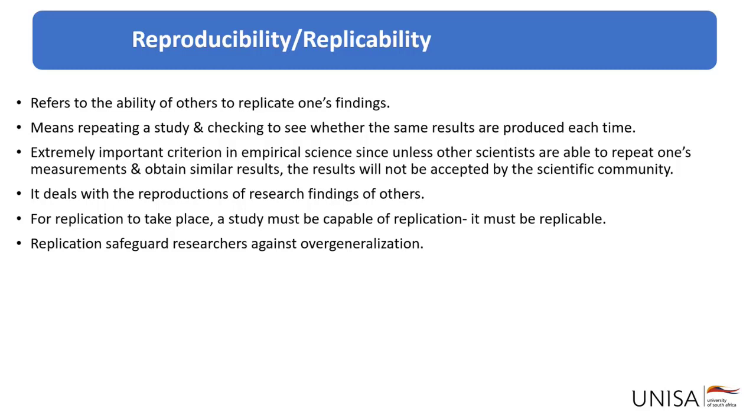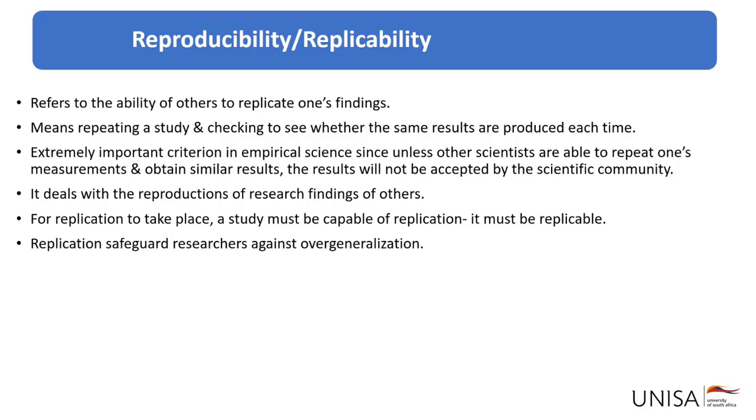In the scientific community, it is not acceptable to produce different results having followed the same design and methodology, unless there are issues that we'll talk about shortly, which are internal validity threats. Ideally, when I follow everything to the letter, the results must still be the same. Any other researcher following that process should be able to produce the same results.